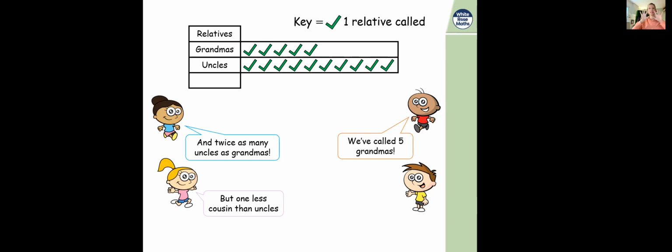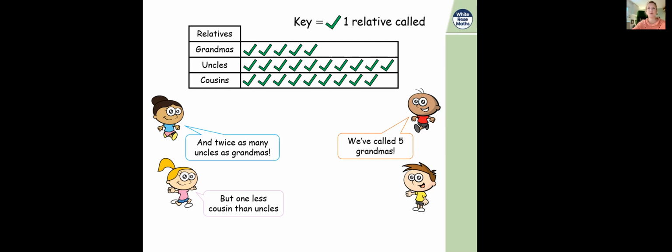What is one less than 10? One less than 10 is 9. So for our cousins row, you can draw 9 ticks. Oh, there's been 10. That's how many uncles there were, but it's 1 less. So let's get rid of a tick. And there we go. You can see there's 9 ticks.